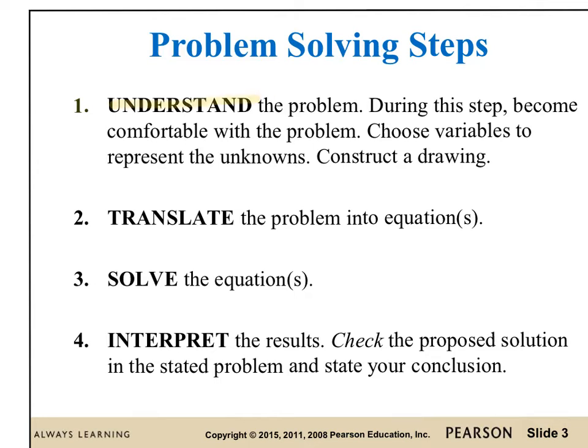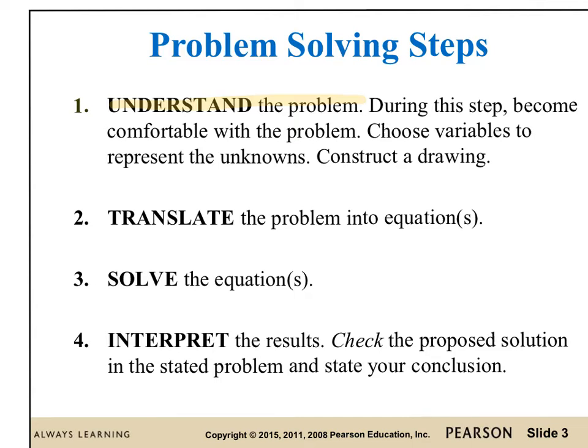The first thing you want to do is understand the problem, always. That means that you're probably going to need to read it more than once. Read through the whole problem, highlight what seems like important information to you.